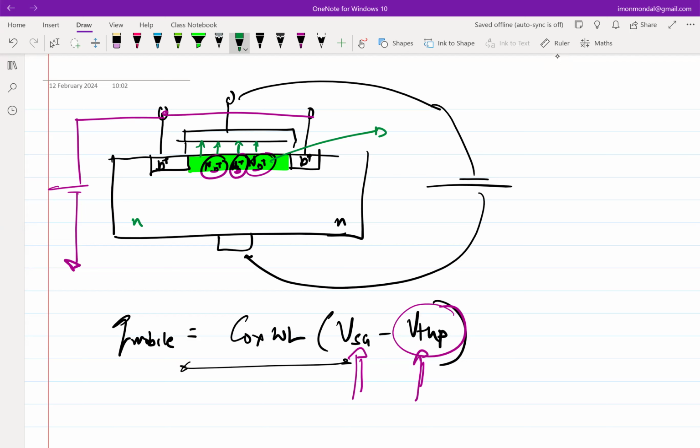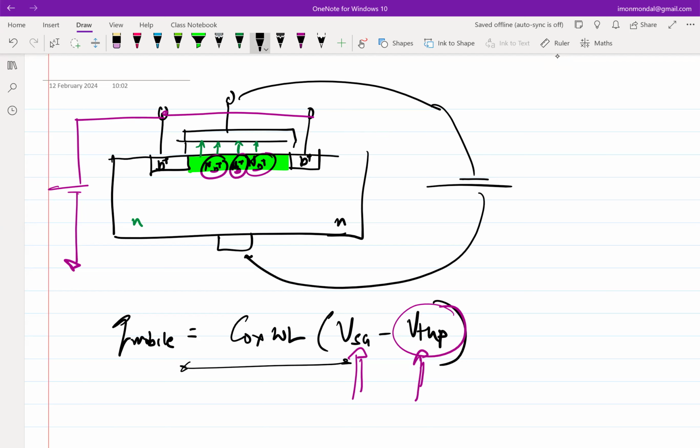So we need some way of figuring out what are the guiding equations which will help us get the current voltage characteristics under the influence of some voltages between terminals. Okay, make sense? Okay.